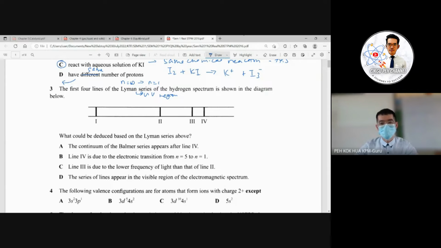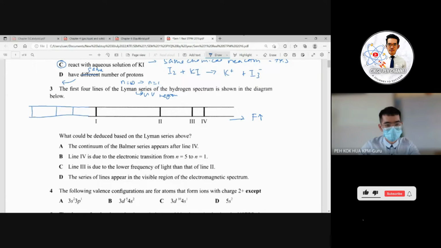As we know from this figure, you can see the lines merging at number 4, so the frequency keeps increasing. The Lyman series is considered the highest energy series, so the Balmer series will be here.